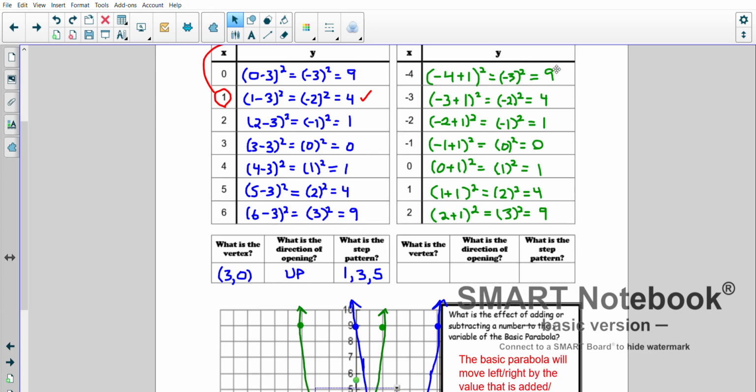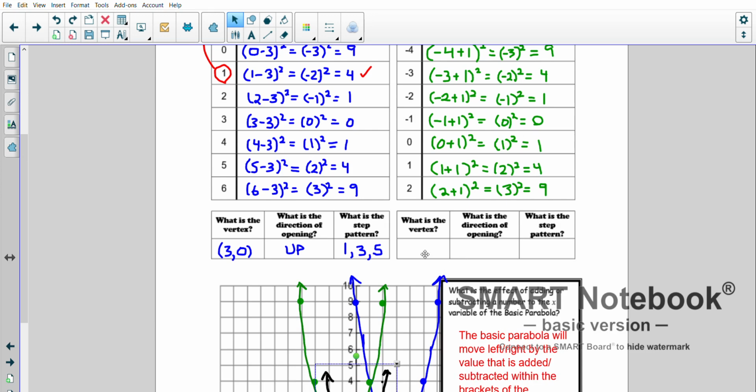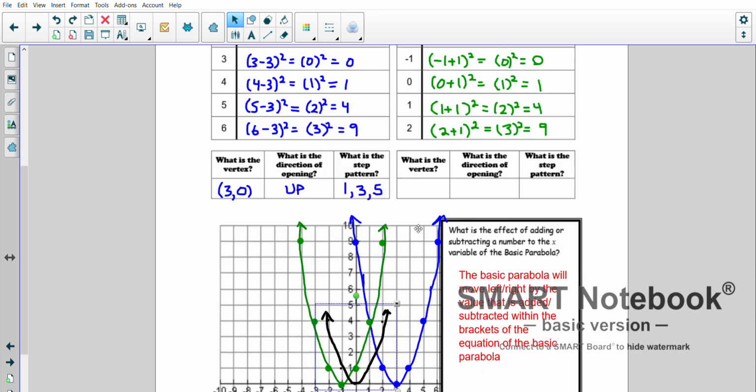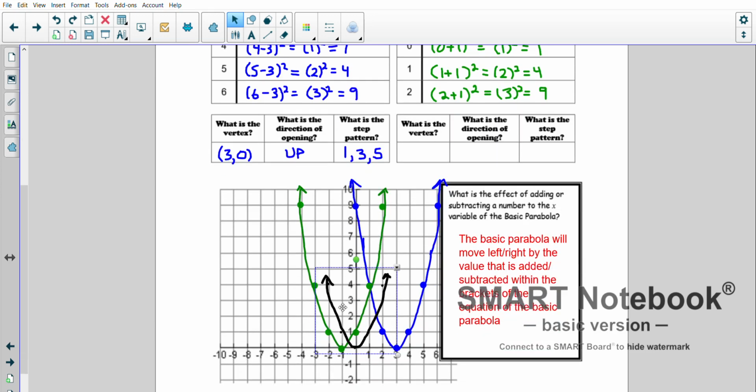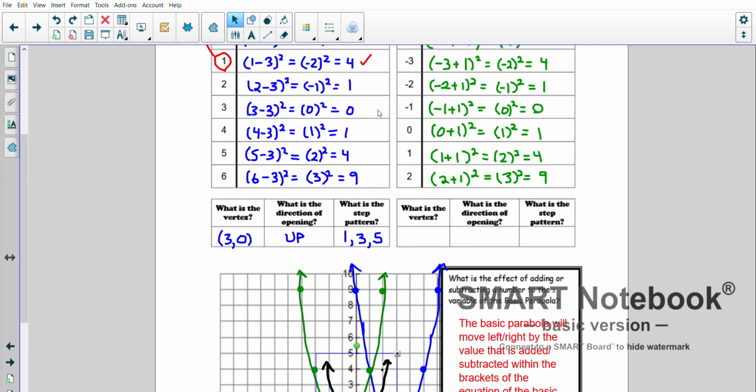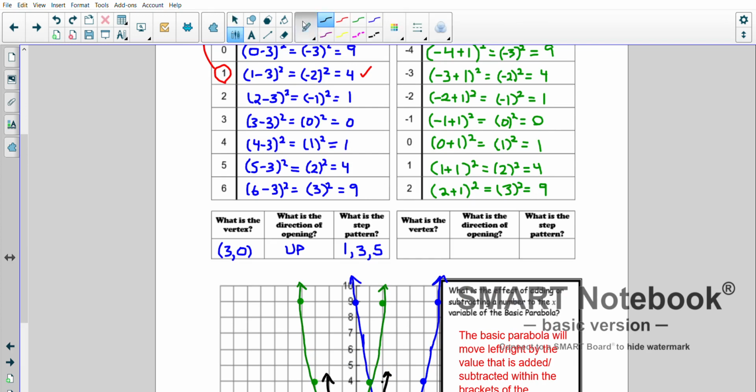And I've taken the liberty of going through the table of values again. Forgot to fill this part out. But sure enough, look what happened here. If you take the basic parabola and move it to the left 1, you get the new parabola. Right? So just let me fill these in now for you.